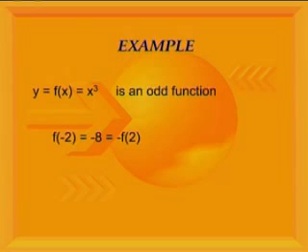You can check the particular values for x is equal to minus 2. F of minus 2, I mean cube of minus 2, is minus 8, but cube of 2 is 8. So it is minus of f2. So therefore this function is an odd function.